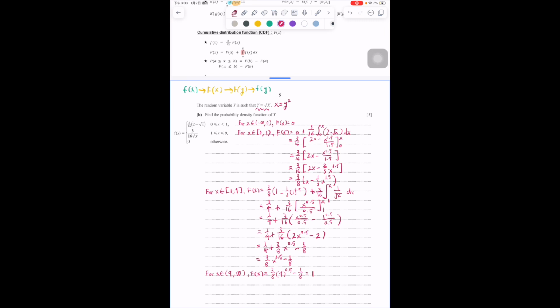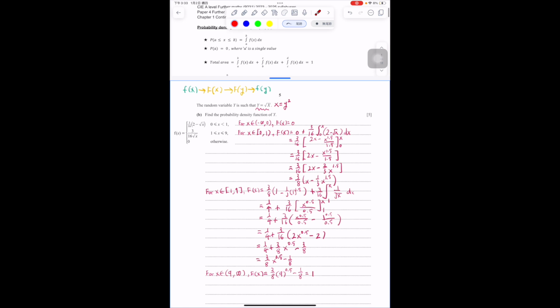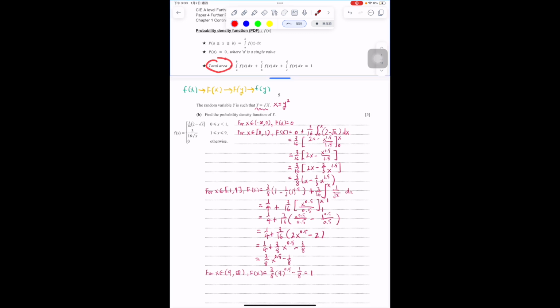So it makes sense that every time, for your last step, you will have a 1 as your answer, because here we have one concept point. The total area of our PDF is always 1.